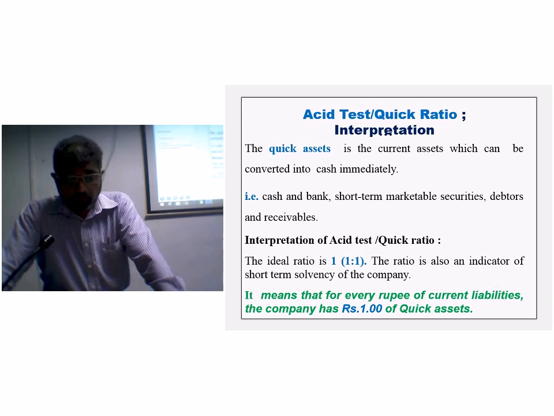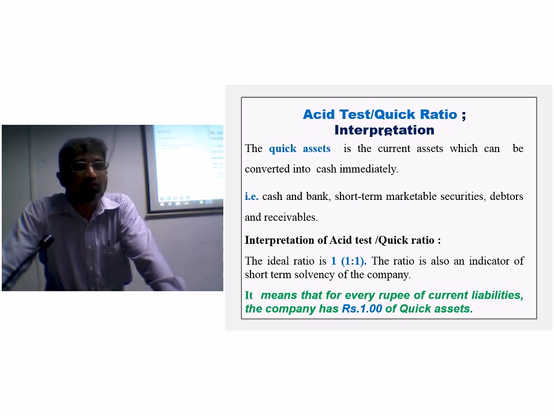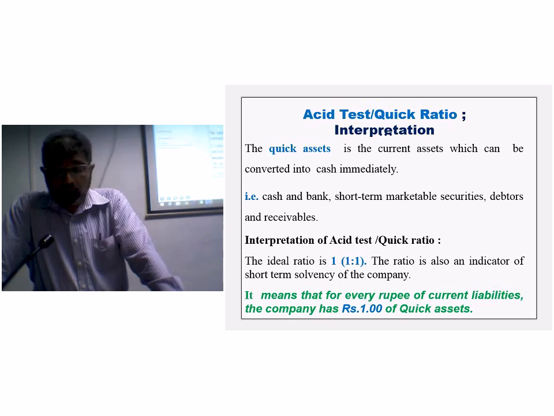It means that for every rupee of current liabilities, our standard or ideal ratio is 1 to 1.